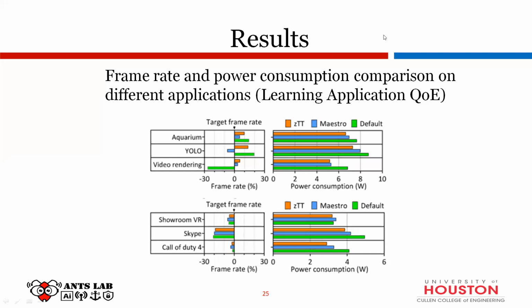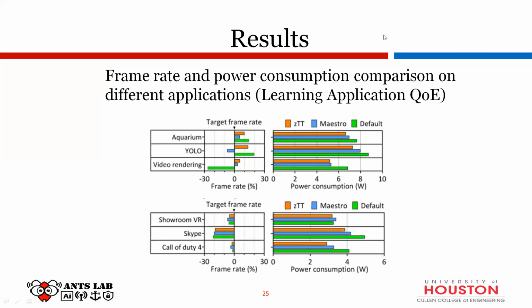It's hard to justify that, right? But anyway, I suggest you try to figure it out, get a very clear idea what Maestro is. Then probably you have a better explanation why we want to choose zTT here over Maestro.